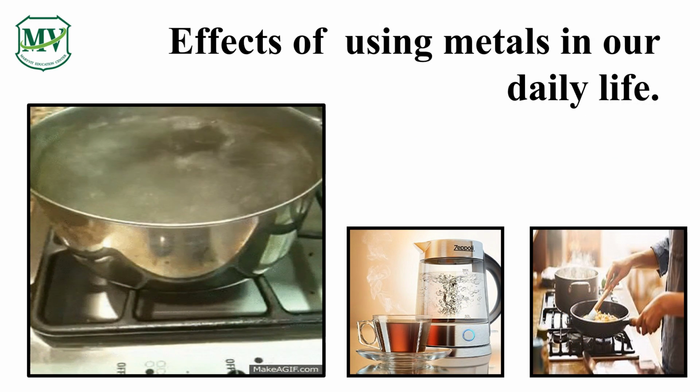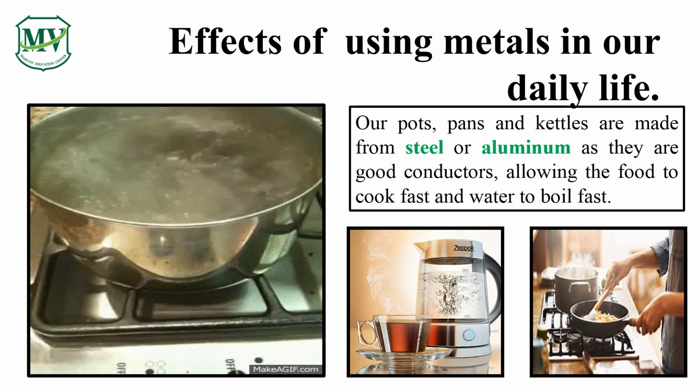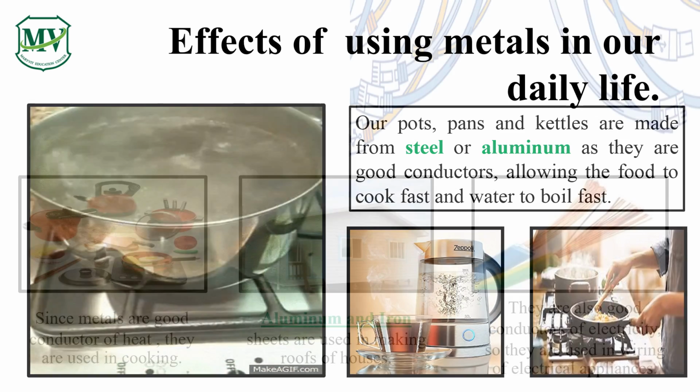Our life is much easier with these kitchenwares made from metals, as they are good conductors. We can cook and boil water using pots, pans, and kettles that are made from steel or aluminum. These materials are all made from metals.